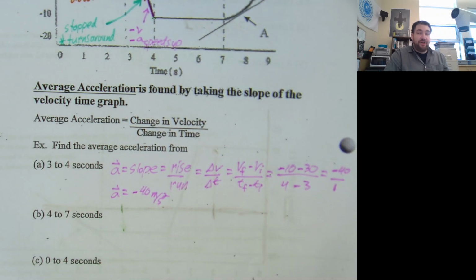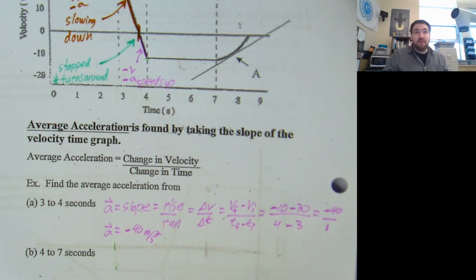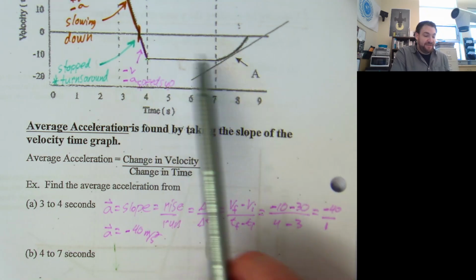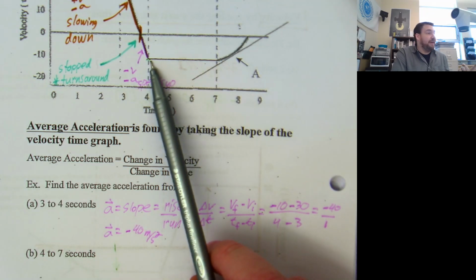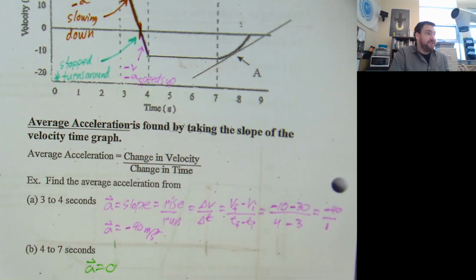Okay, from 4 seconds to 7 seconds, that's this window here. What's the acceleration from 4 seconds to 7 seconds? Without doing any calculations, you can look and say, okay, well, the acceleration here has to be what? 0. Okay, how do you know? There's 2 ways to think about it.